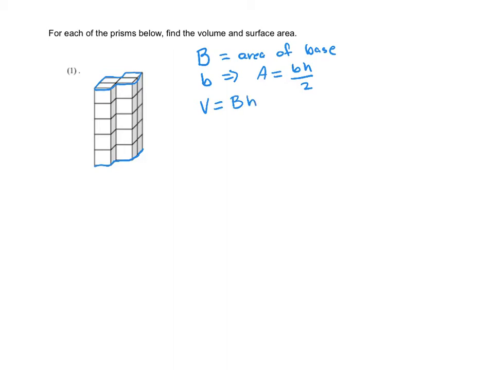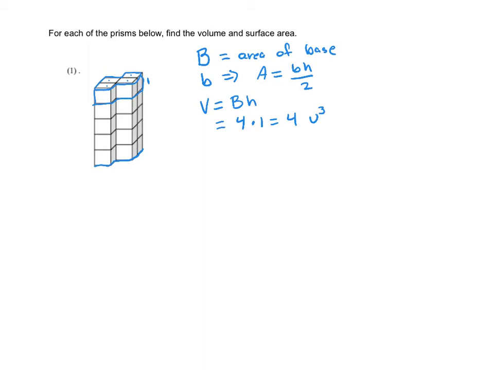So when I look at my base, the area is just going to be how many squares make up that base. In this case, there are 4 squares that make up that base. And then we need to multiply by the height. Like the previous problem, if this was just one layer high, I would multiply that by 1, and I would get 4 units cubed for the first layer.